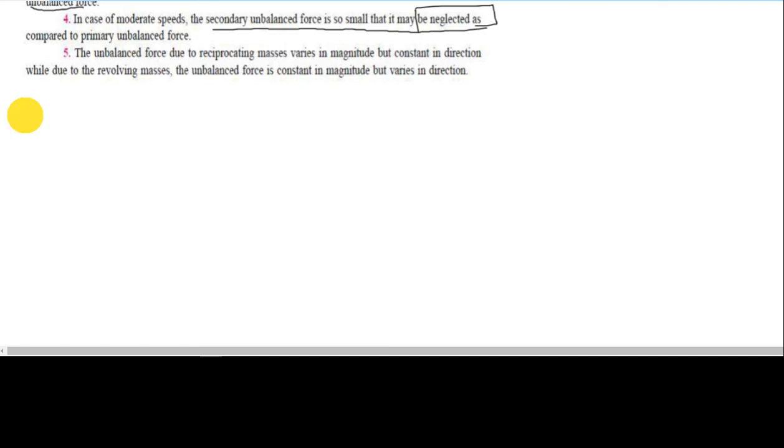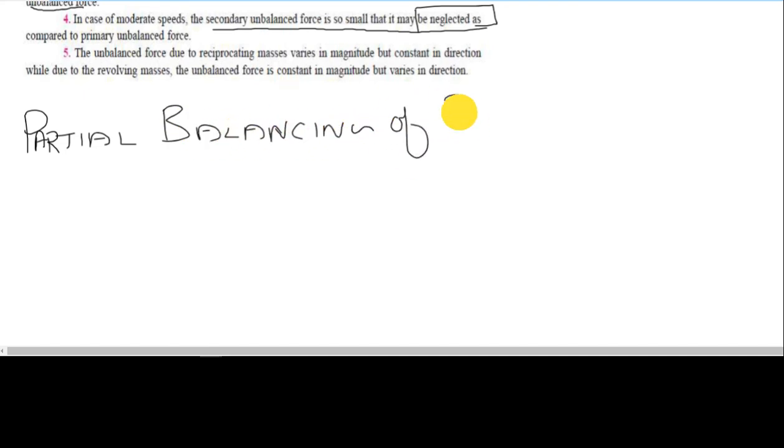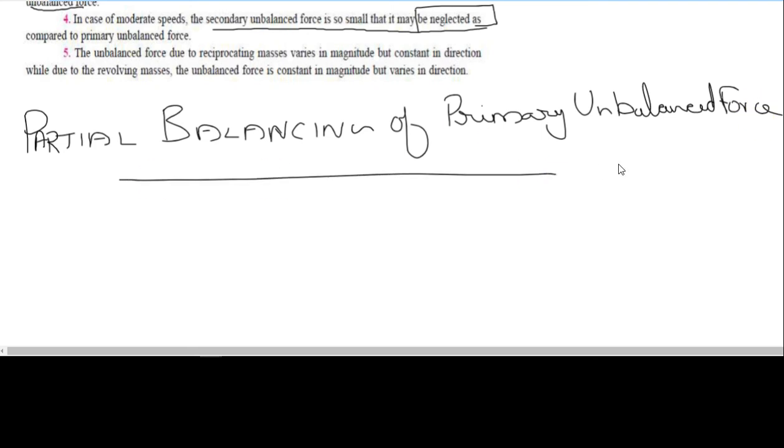We do the numericals based on that concept, that is, partial balancing of the primary unbalanced force. And how do we partially balance this?